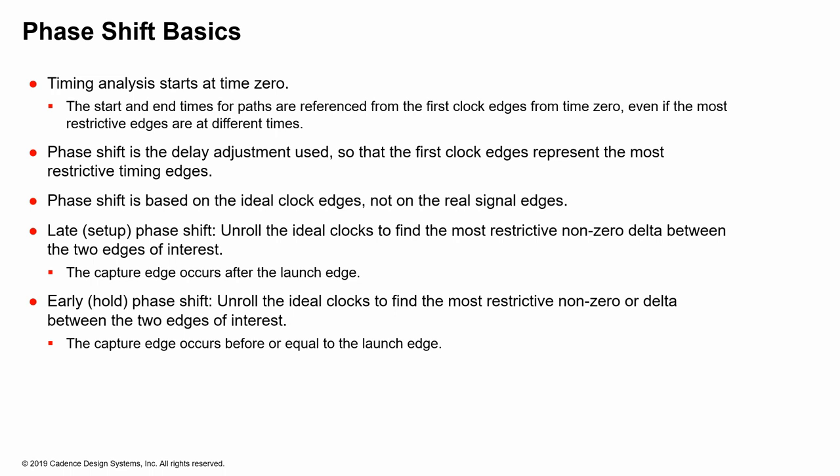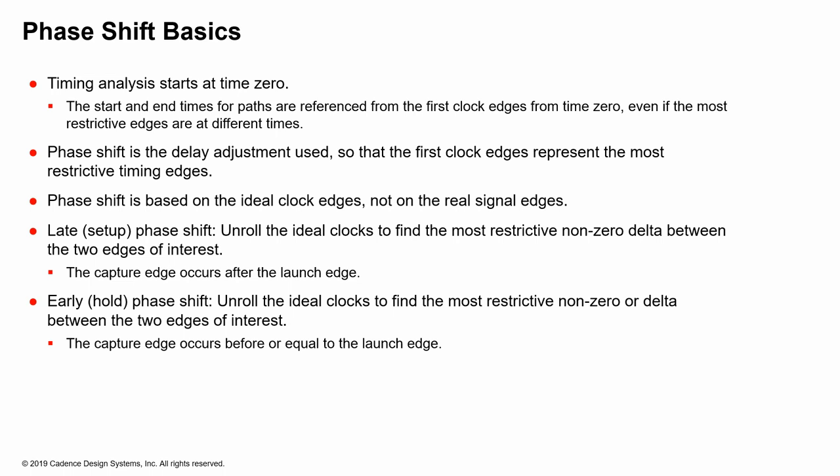So phase shift is basically just the delay adjustment that is used so that the first clock edges represent the most restrictive timing edges. It's also based on ideal clock edges and not on the real signal edges, so there is no need for rise time and fall time and all of that other stuff.